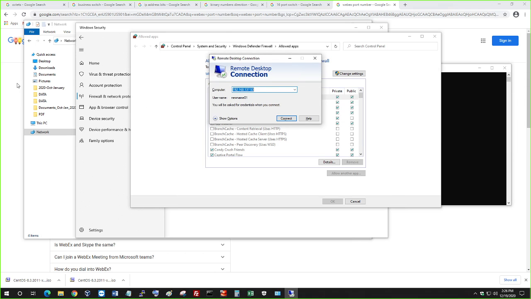Like I have one other server sitting remotely outside my house, and the IP address was 54. Most of the time the private network starts with 192 or 10 or 172.